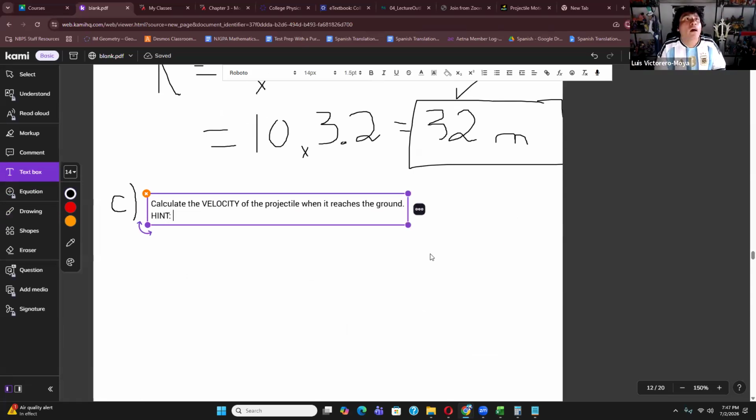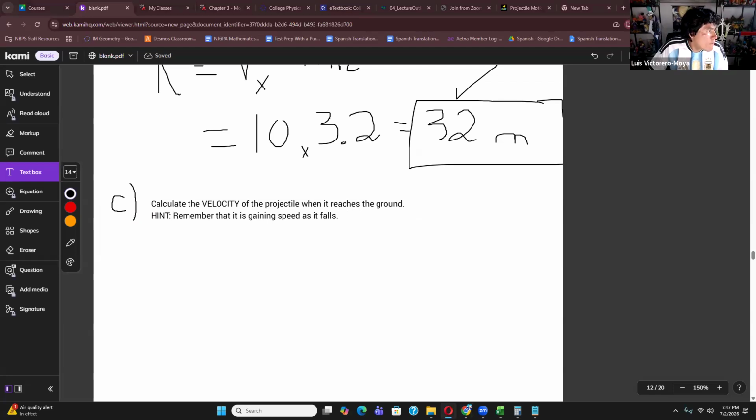And my hint is, remember that it is gaining speed as it falls. Anybody has an idea?